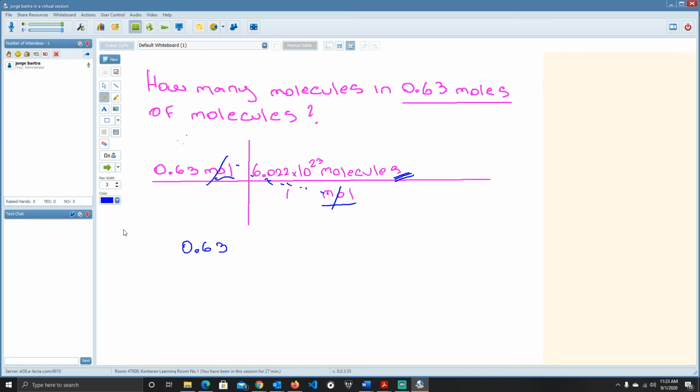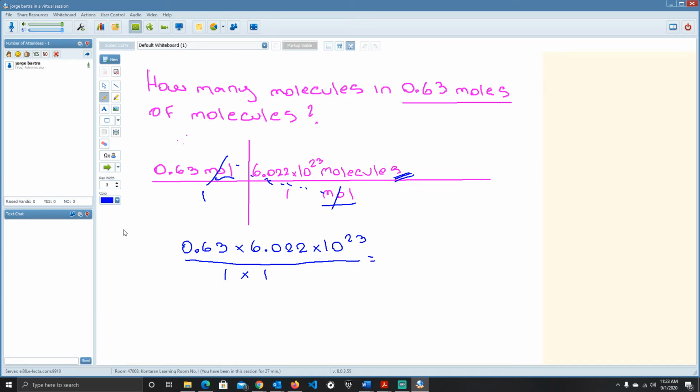So now we use our calculator and we multiply 0.63 times 6.022 times 10 to the 23. At the bottom we have, again, a 1 that is given. There's always a 1 below any number. We write 1 times 1.